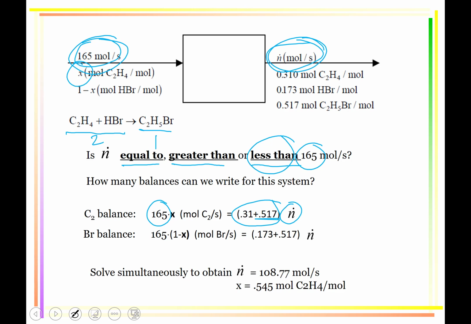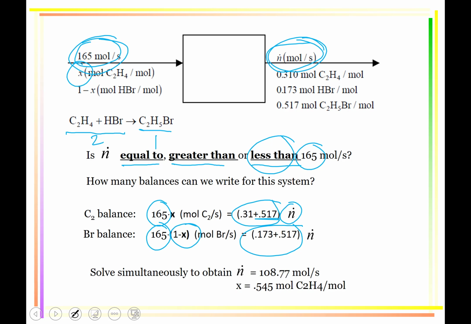And for the bromine balance, we do the same thing. Bromine in is going to equal 165 times the mole fraction of HBr, and we're going to include every term that has bromine in it on the outlet and multiplied by n dot.